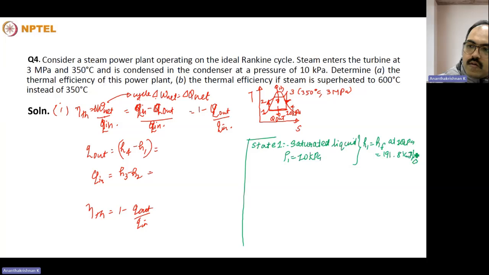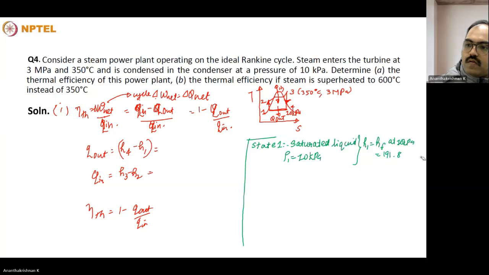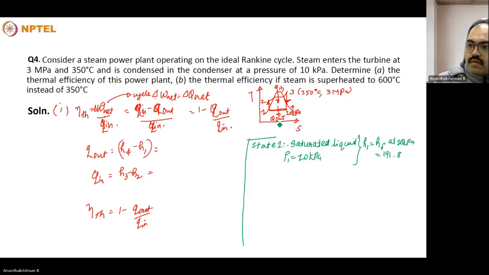And v1 is the specific volume at the saturated liquid condition at 10 kilopascal. That will be equal to 0.001 meter cube per kg.